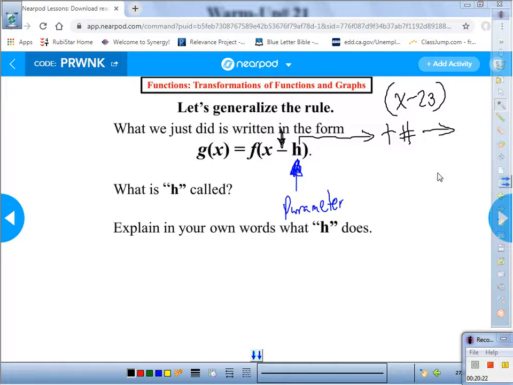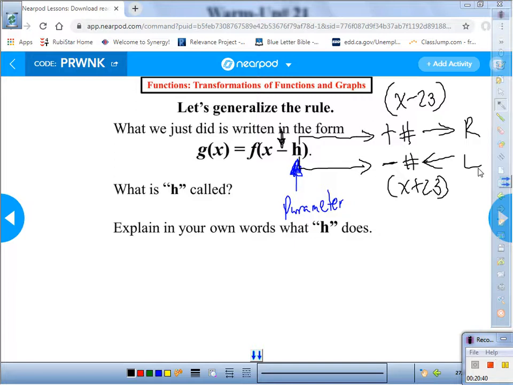To the right, that is correct. Put R for right. So that means if I substitute a negative number, let's see what happens. What is negative times a negative? Positive, so this becomes x plus 23. Which direction do I go? We go to the left. That is correct.